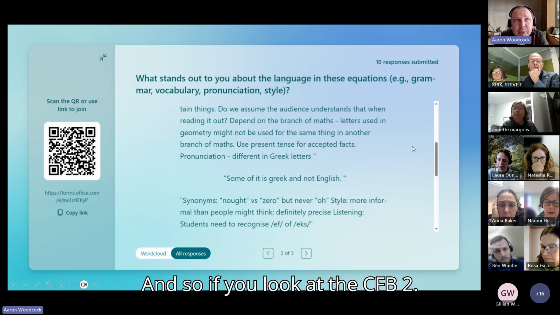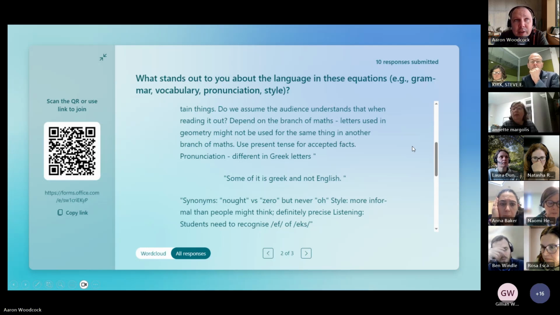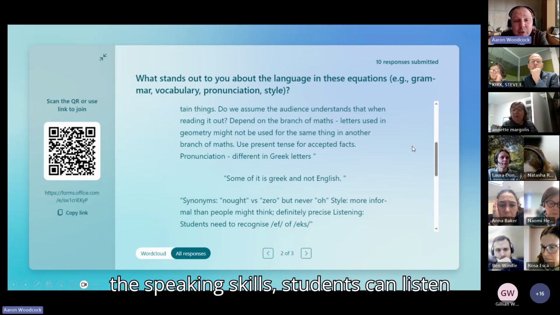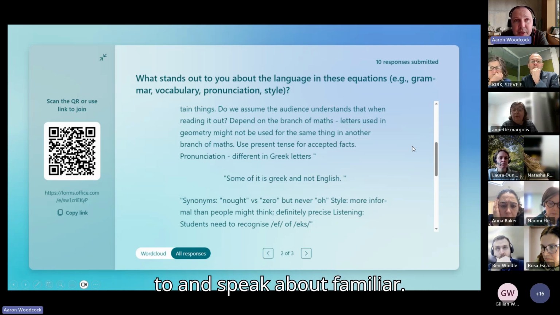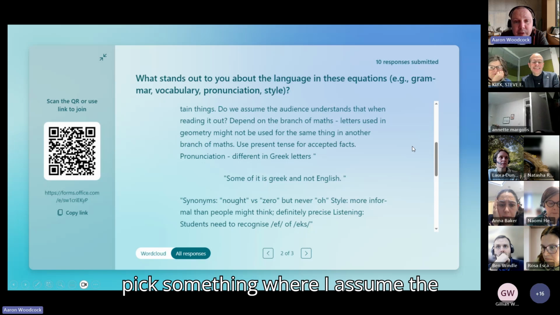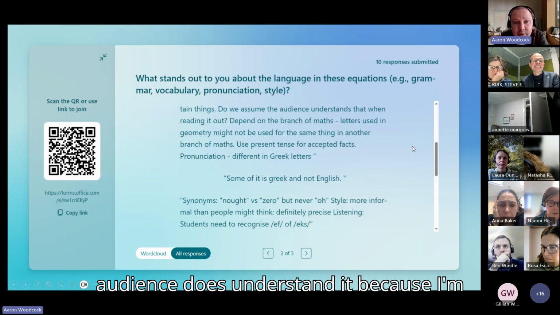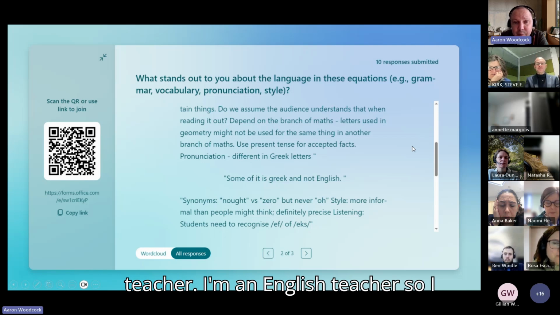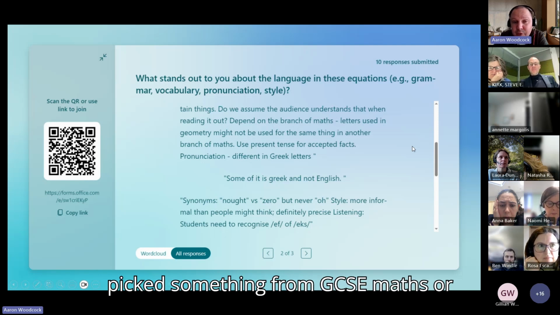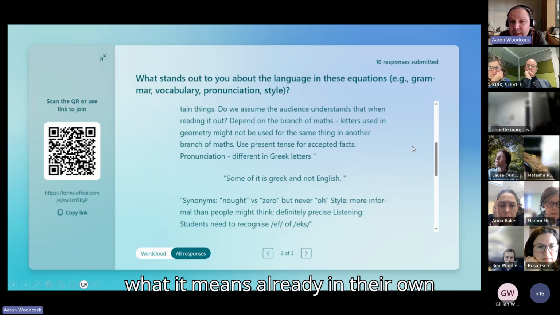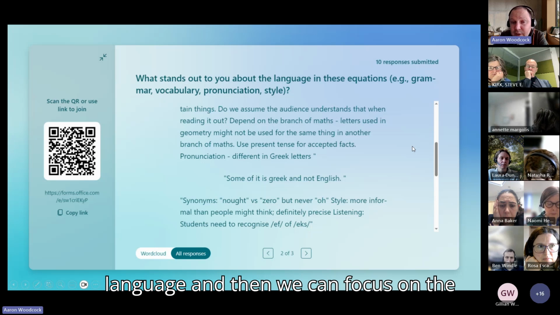And if you look at the CEFR B2, under the listening skills and the speaking skills, students can listen to and speak about familiar topics. So I would pick something where I assume the audience does understand it, because I'm not a maths teacher or a chemistry teacher, I'm an English teacher. So I'd pick something from GCSE maths or chemistry with the assumption they know what it means already in their own language, and then we can focus on the English.